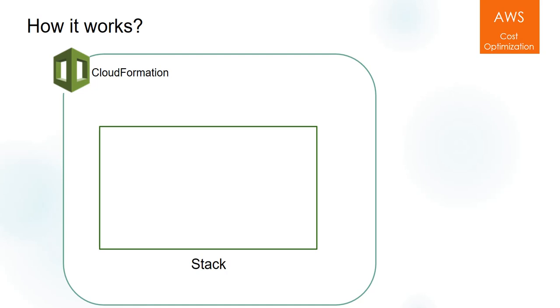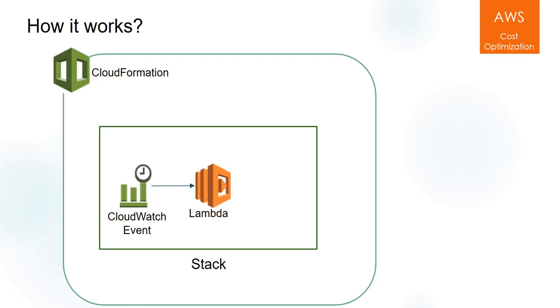So what this CloudFormation stack will do is create one CloudWatch event. This event will be triggered daily at a given time that you will configure. So this is more like a cron job, right? This CloudWatch event will ultimately trigger a Lambda function, which is a serverless compute service of AWS. We have written code in the Lambda.